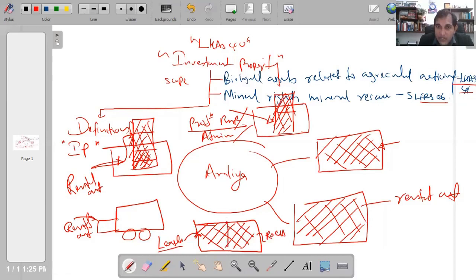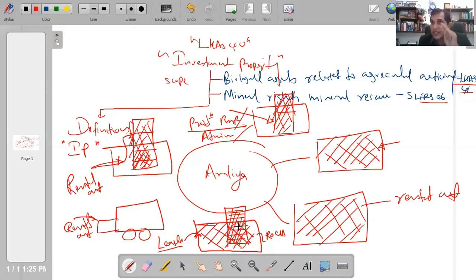Then we are constructing a building on this particular land, which is not yet completed. We have an agreement between lessor and lessee, but on this land we are constructing a building.